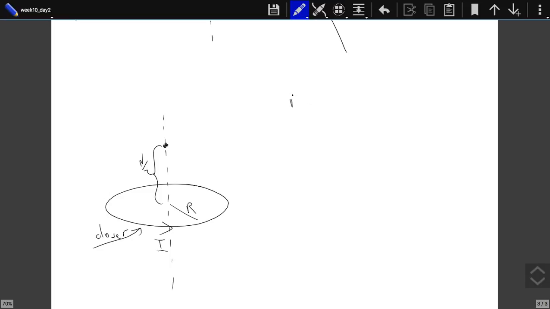Now we will be basically using the Biot-Savart law, which states that the magnetic induction created by a current carrying loop is the integral over the loop of dl cross (r minus r prime) divided by |r minus r prime| cubed. That's the integral we need to evaluate.